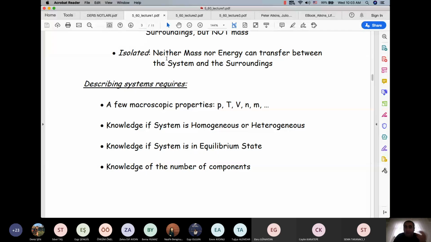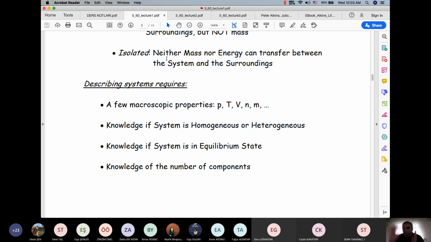And actually, we have learned that only 4 of the macroscopic properties would be enough to describe the system. And actually, one of the 4 is already defined by an equation of state. Only 3 of 4 macroscopic properties we need to know to define the system.